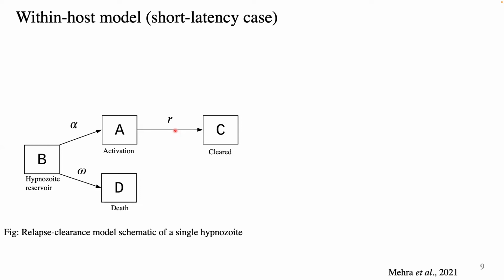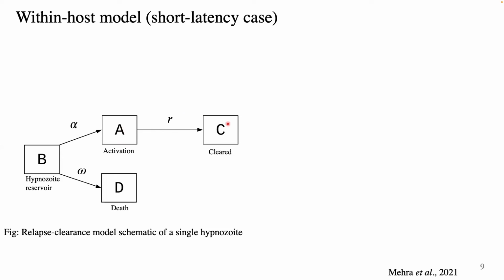First, they model the dynamics of a single hypnozoite. A single hypnozoite in the liver can either activate at a constant rate alpha, giving rise to a blood stage infection, or die at a constant rate omega. After activation, these blood stage parasites are then cleared at a rate r.